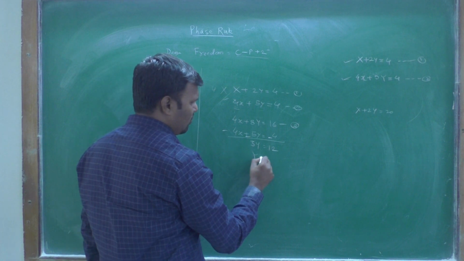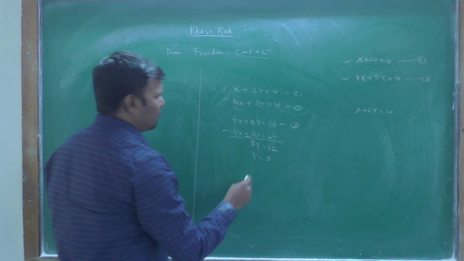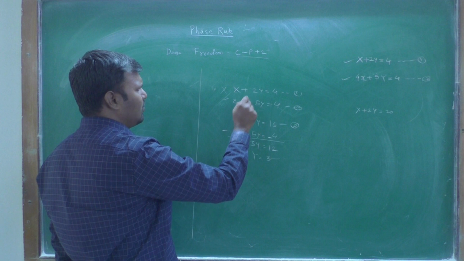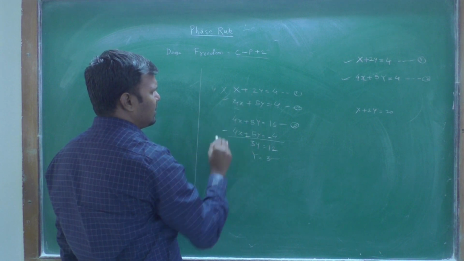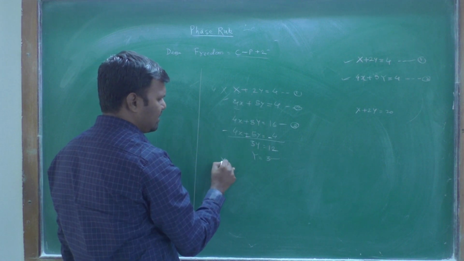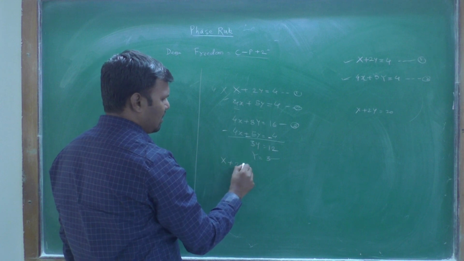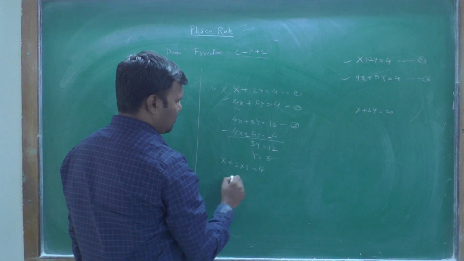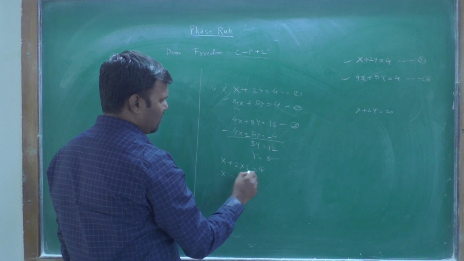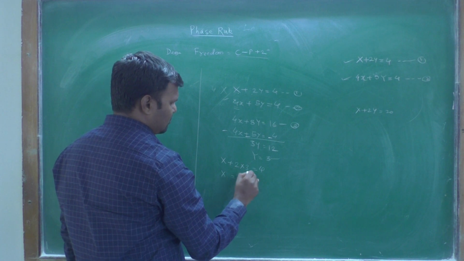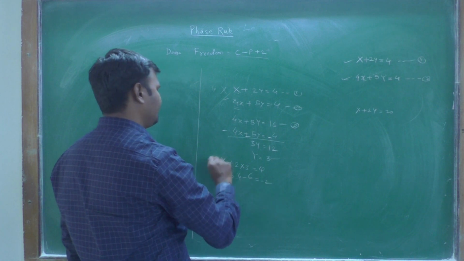Therefore y is equal to 3, and by putting 3 in any one equation you find x. In the first equation, x plus 2 into 3 is equal to 4. Therefore x is equal to 4 minus 6, that is minus 2.